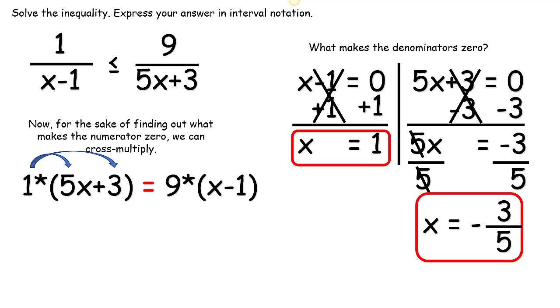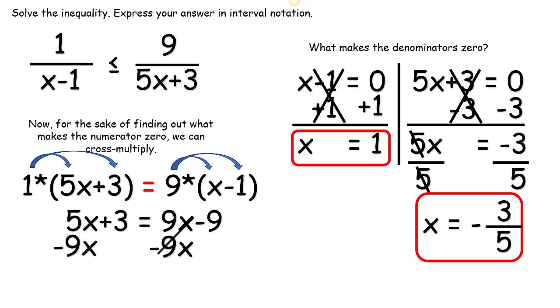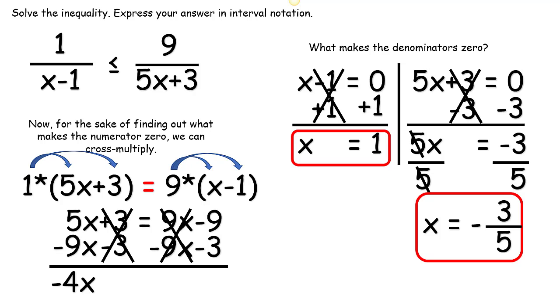So we distribute the 1 times the 5x plus 3 and distribute the 9 times the x minus 1. And of course the left-hand side stays 5x plus 3 and the right-hand side becomes 9x minus 9. So we take away 9x from both sides and it cancels on the right, and then we're going to take away 3 from both sides to cancel out that 3. And when we balance the equation now, we get on the left negative 4x equals negative 12.